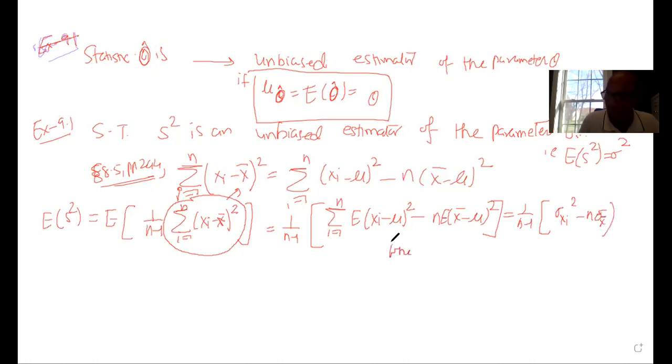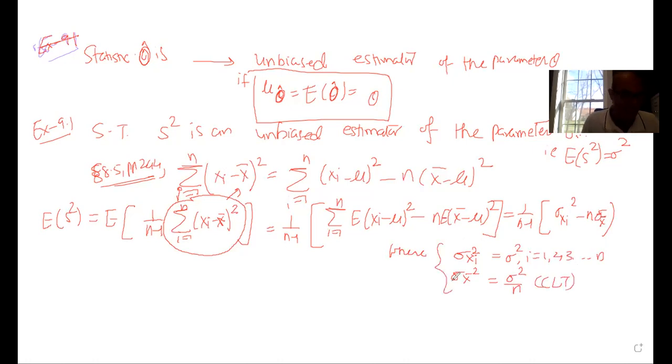The variance of xi is sigma square for i equal to 1, 2, 3 up to n, and the variance of x bar is sigma square divided by n, that is the central limit theorem.